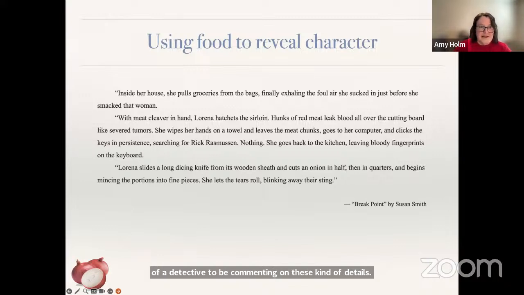Okay, the next one is from a short story, and this writer uses food a lot in her writing. In this case, it's revealing character. It's kind of revealing the spiraling downward of a character. It's a middle-aged woman, Lorena. She's a cancer survivor.